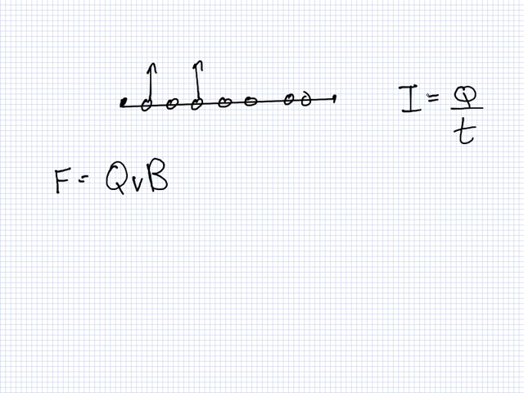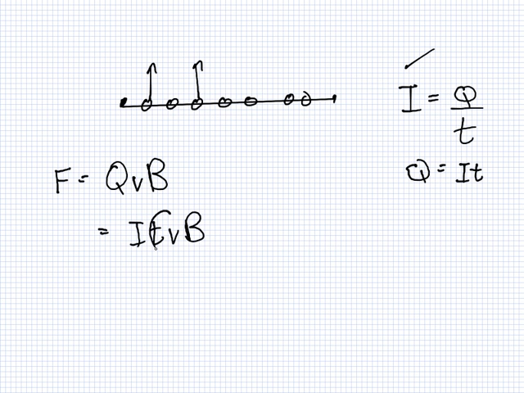So if we know the I, we can just say the Q is IT, like this. So if I just put that back in here, that's I, T, B, V. Sorry, not Q. I, T, V, B.